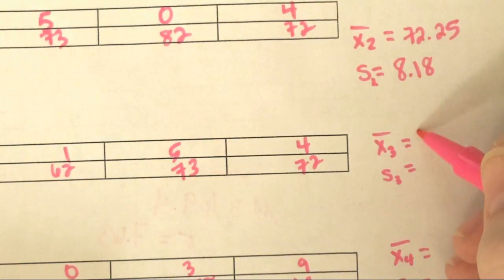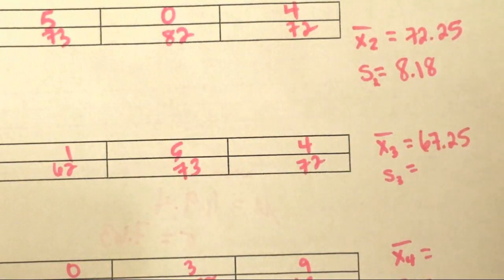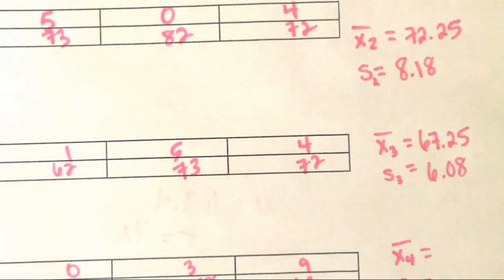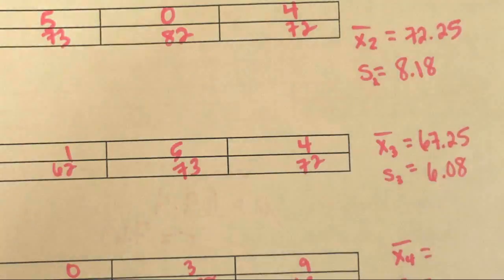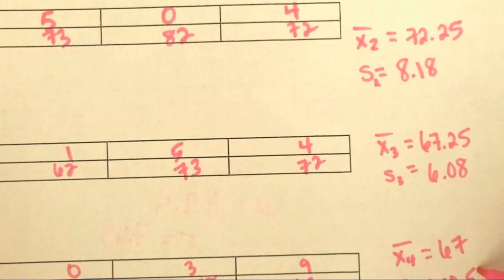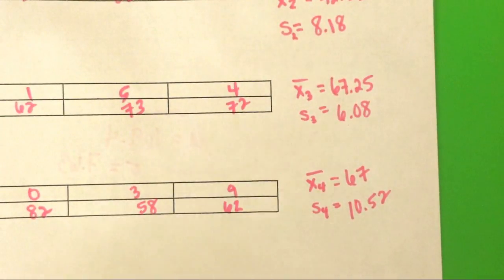Okay, I got 67.25, and my standard deviation was 6.08. Surely someone has trial 3. Because if I can beat you to that, that's just sad. I got 67 for x bar, and then 10.52 for standard deviation. Okay, perfect. 5.2, right? I'm sorry, it's on the screen now.